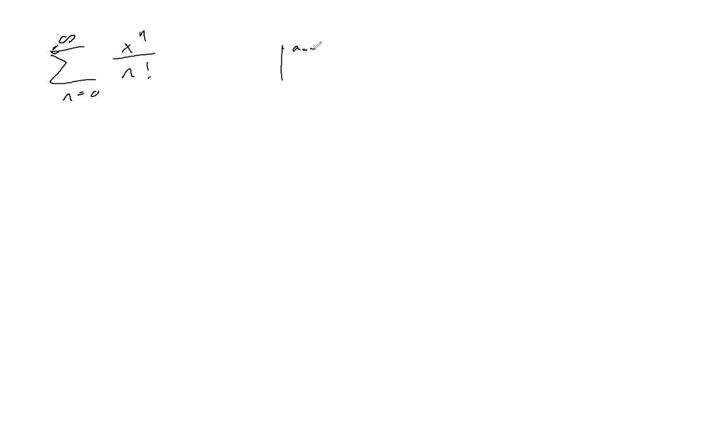I need to do a(n+1) over a(n). This is my a(n+1). I need to divide by a(n), which means multiplying by the reciprocal. And let's simplify.